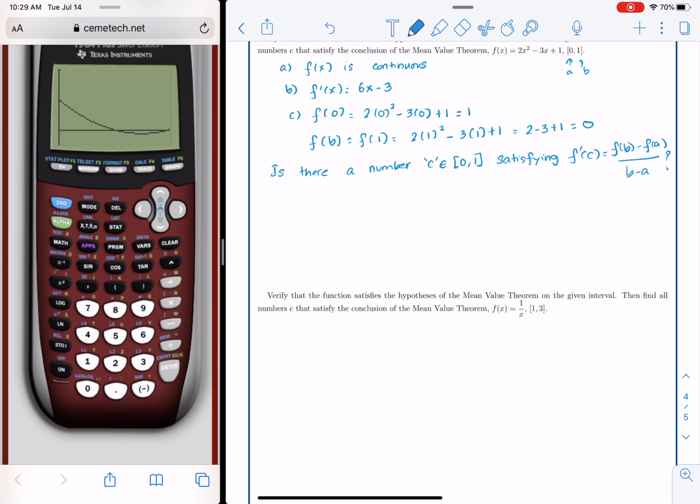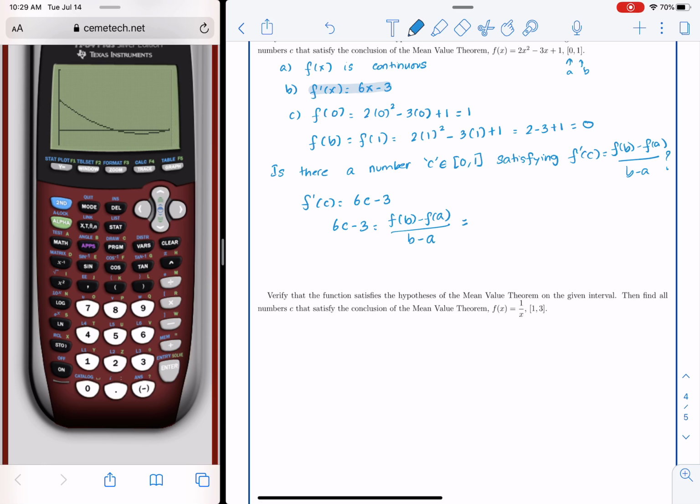Let's see if there is a c. So f prime of c would simply be 6c minus 3, because we know the derivative is 6x minus 3. So 6c minus 3 would equal f of b minus f of a divided by b minus a.